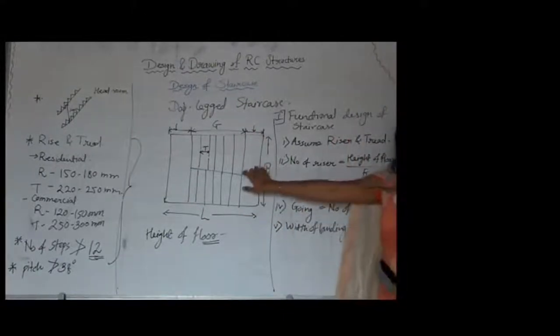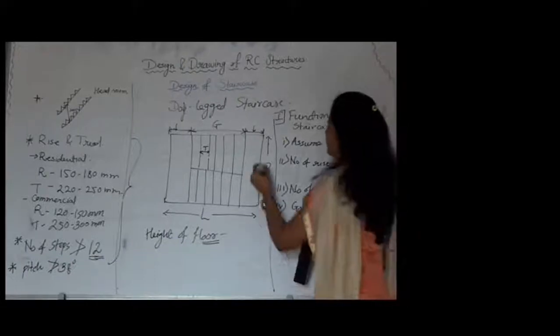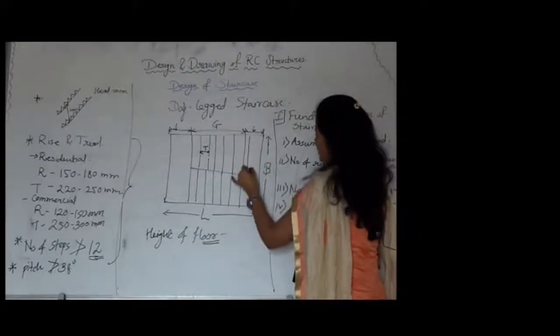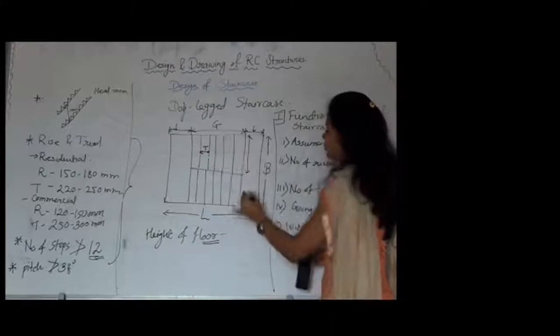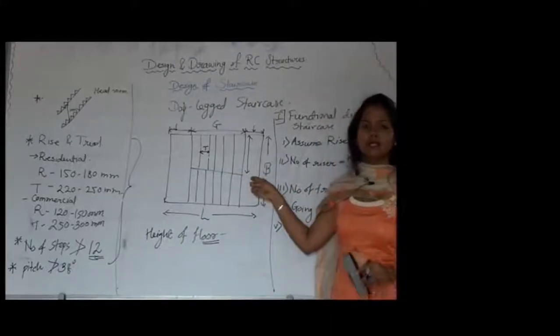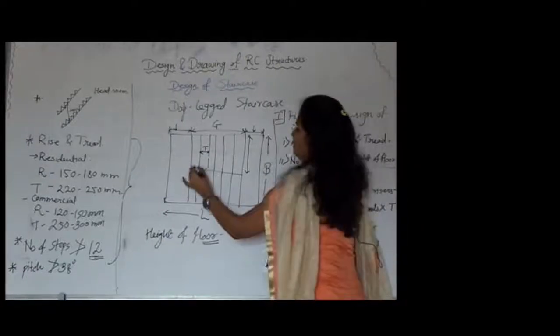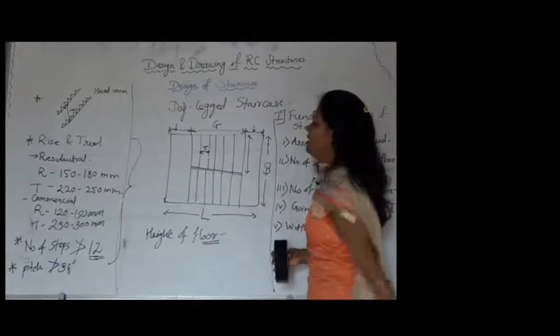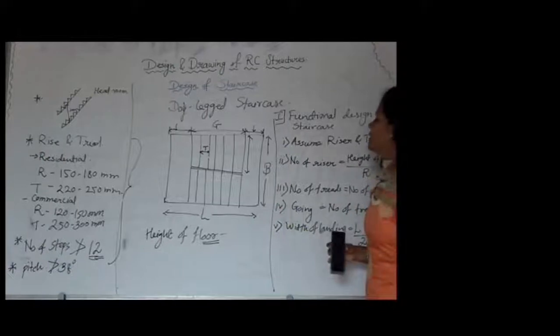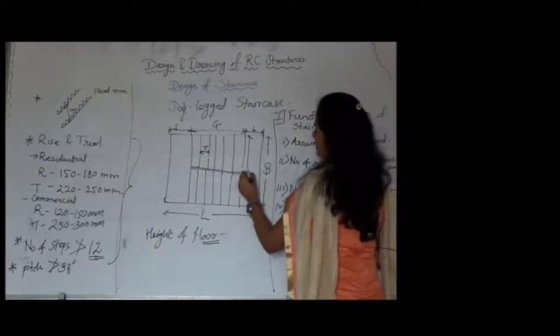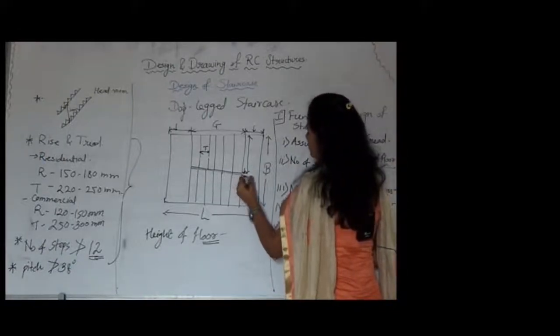The remaining thing is how much will be the width of staircase. Now, as I told you earlier, dogleg staircase is nothing but consists of 2 flights, 2 opposite flights separated by a distance which ranges between 100 to 150 mm.